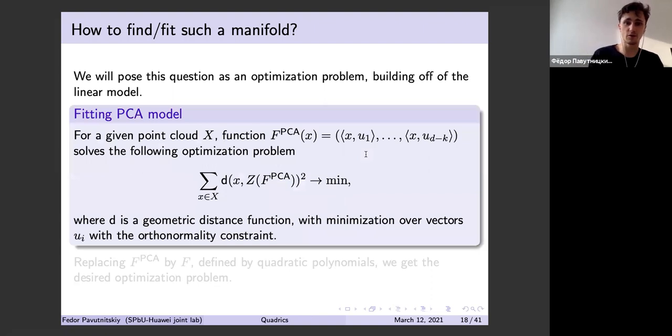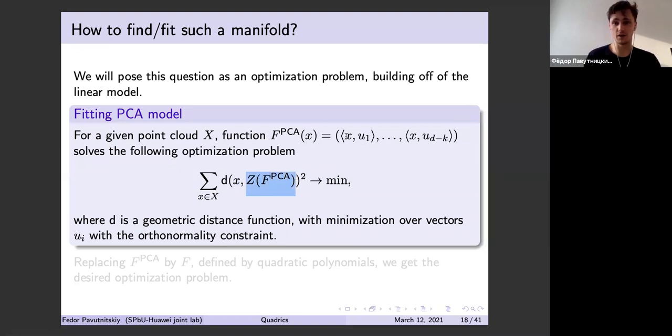So in the PCA model, what is actually happening? Of course, you can reformulate it more conveniently into some eigenvector, eigenvalue problems, but actually, during fitting the linear manifold, you try to minimize the square of the geometric distance from your points to the linear manifold that you found.